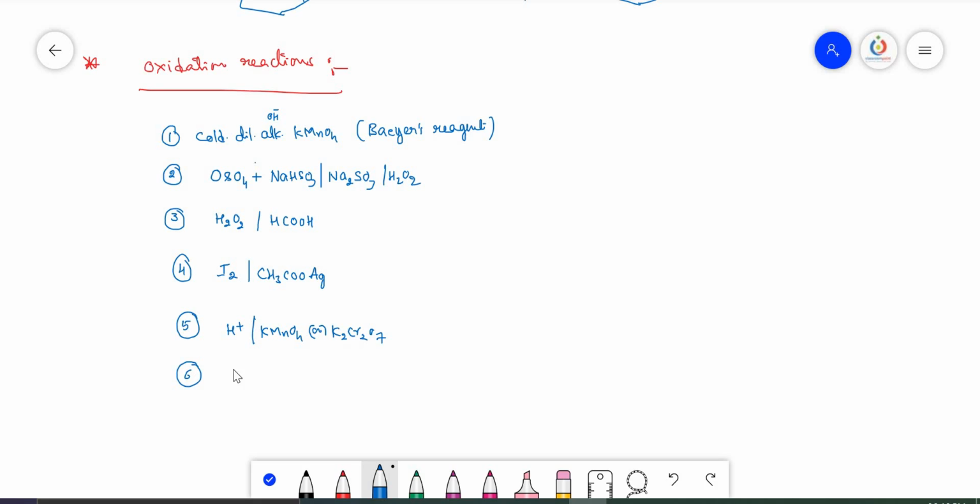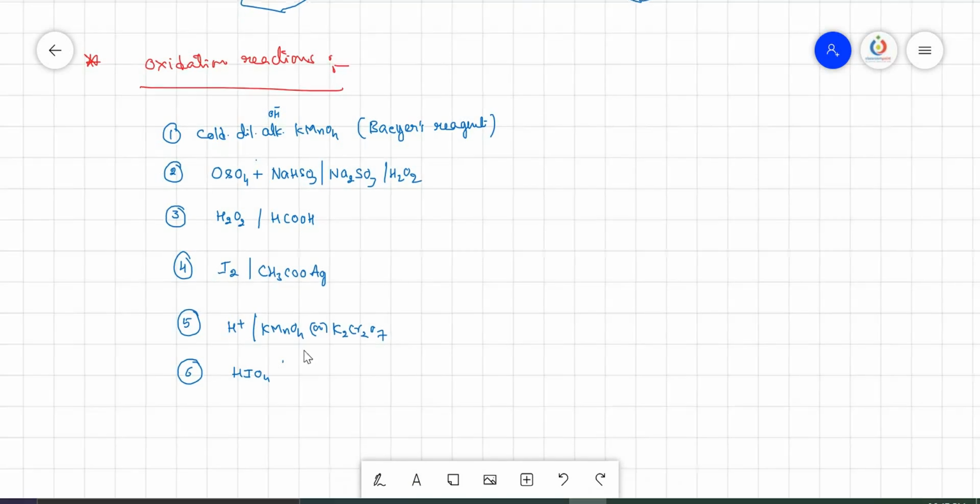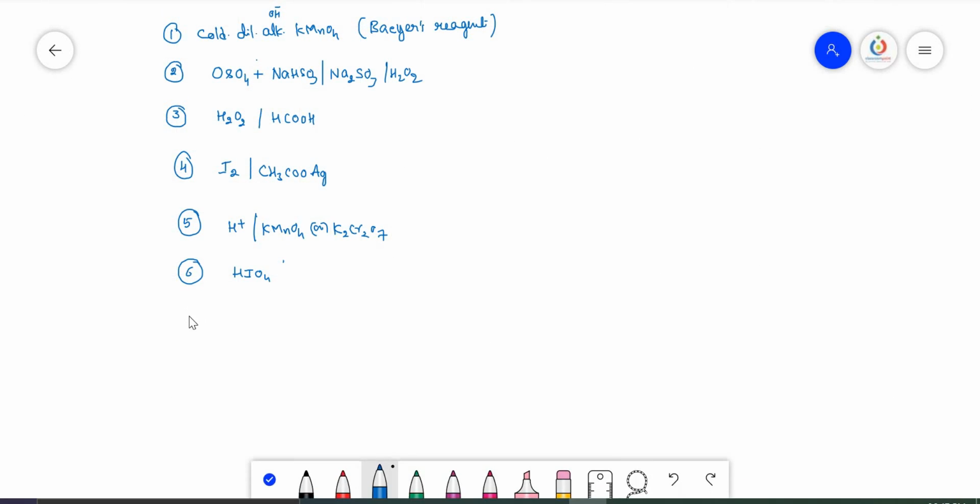The sixth one is HIO4, and other characteristics are the same, so I am using it together; why to use HIO4 I will take separately.